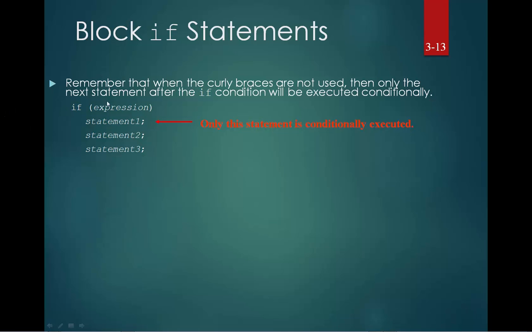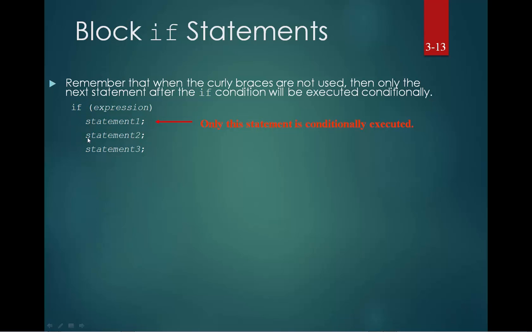The if statement always pertains to the next executable statement. So if you say if expression, this is your Boolean expression, if this is true, then it's going to execute this. If this is false, then it's not going to execute this. So the if statement has nothing to do with these further statements. If you wanted them to be part of the if statement, you'd have to put them in a block of statements.